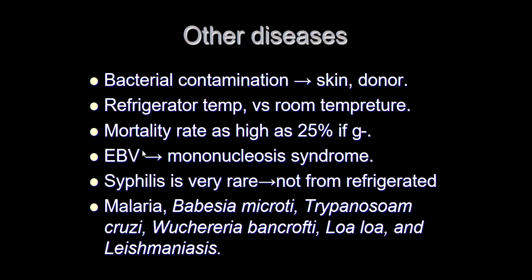Yes, could be transmitted by blood that you should monitor as well. Syphilis, although it is extremely rare, but could be transmitted by blood transfusion. Especially not from a refrigerator, because the Treponema pallidum is extremely sensitive to cold. So if the blood is in the refrigerator, it's extremely rare that this could be transmitted to humans.